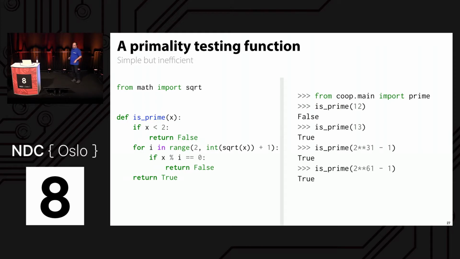So, determining whether 12 or 13 is prime is obviously very quick, but if some of those other calls there, like 2 to the 61 minus 1, that takes half an hour to figure out whether that is prime, because Python, for all its wondrousness, is not a very fast language.